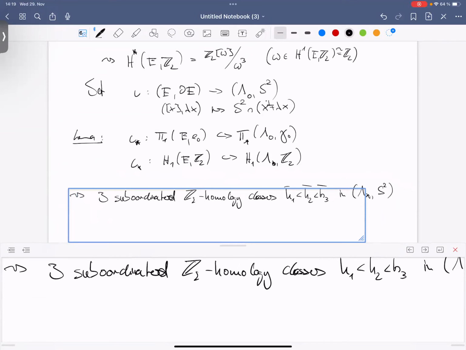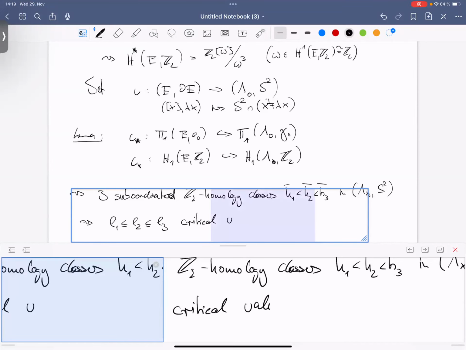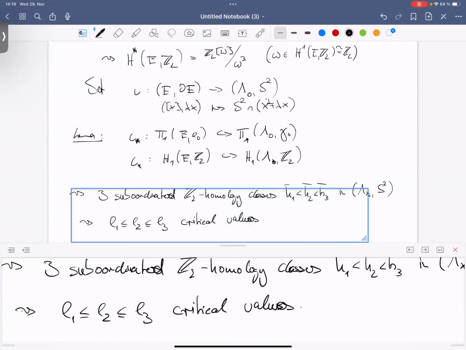These are relative classes modulo the point curves, the constant curves, which then entails you get 3 critical values which are ordered like this.